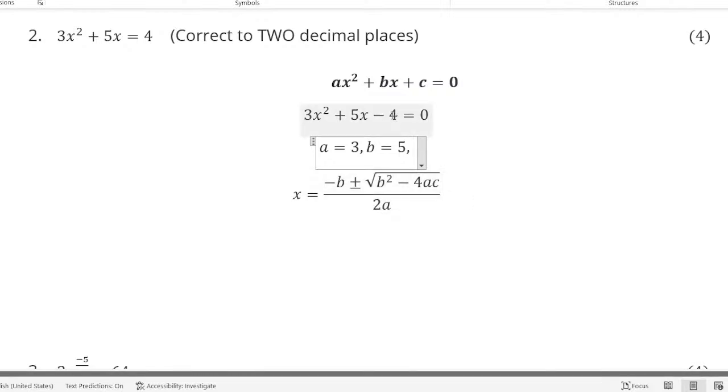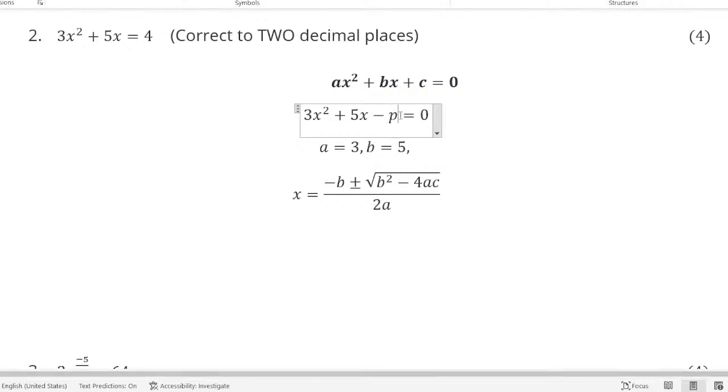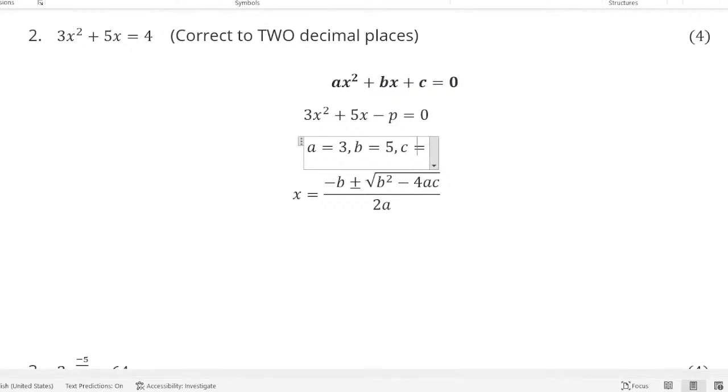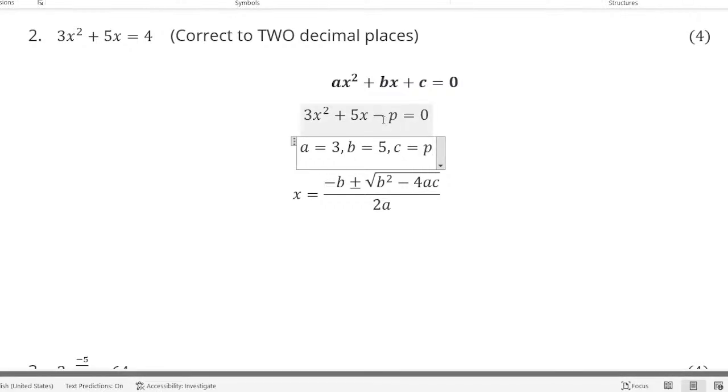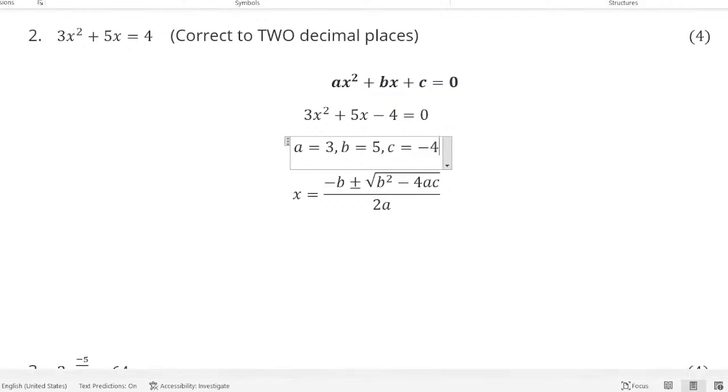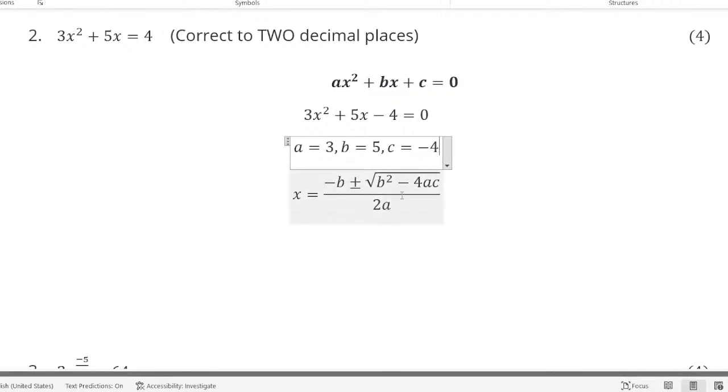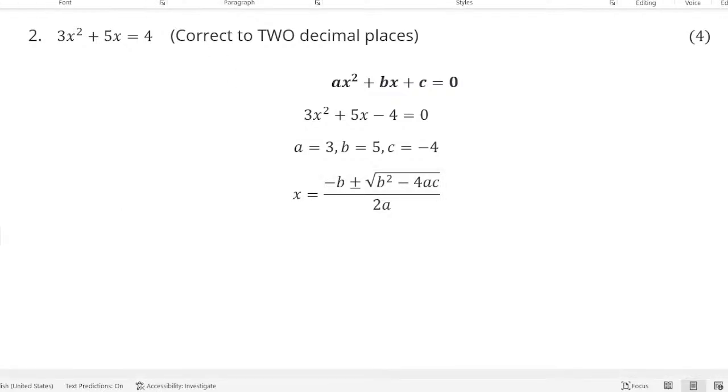If here we had 3x squared plus 5x minus p, the value of c was going to be p, because p is the variable or a number without x. But here, remember, we had a -4. I'm just explaining. So the value of c will become -4. Now we're going to substitute in the quadratic formula.